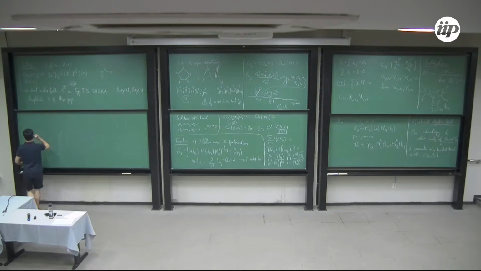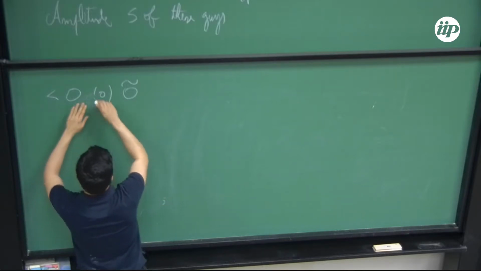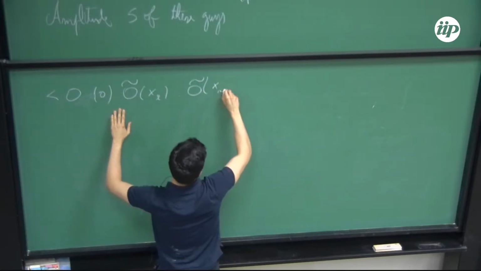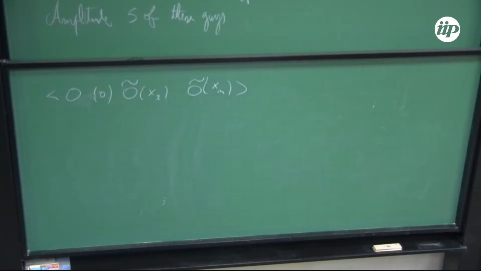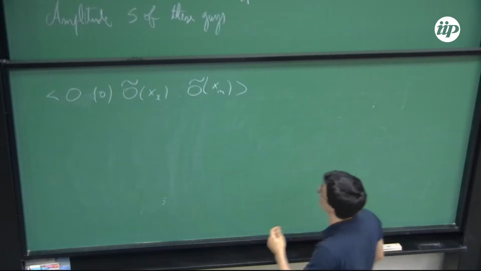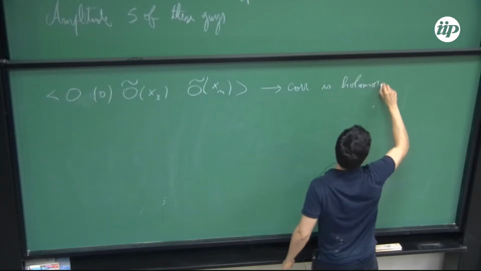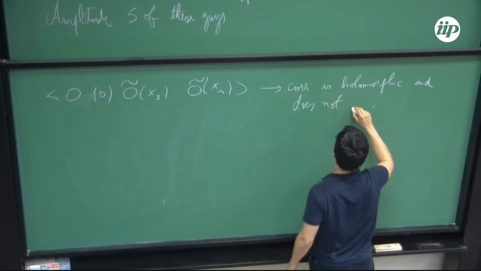This means that if you consider a correlation function, that combination of charges annihilates this operator at the origin, and then if you consider the correlation function at other positions, x2, ..., xn, where these operators were translated in the two-dimensional plane using this twisted translation that commutes with this combination of charges, then this correlator is holomorphic and does not depend on the coupling.